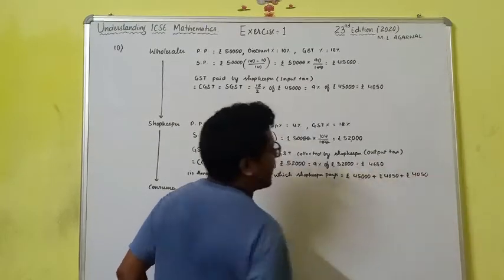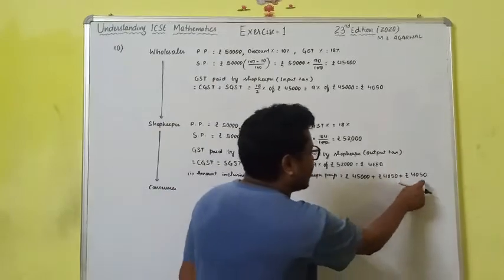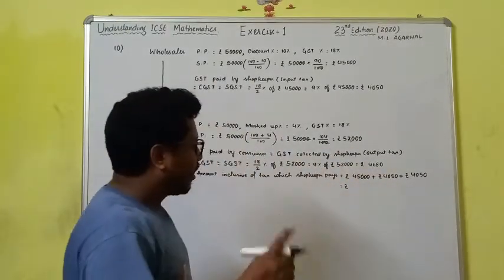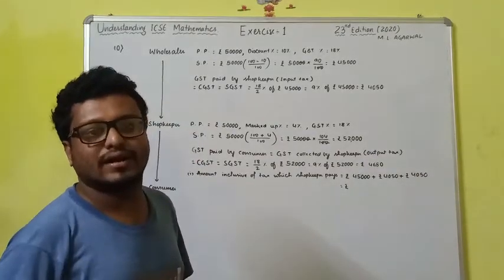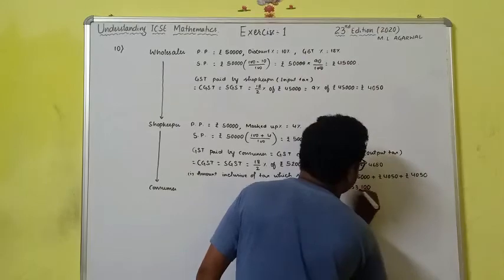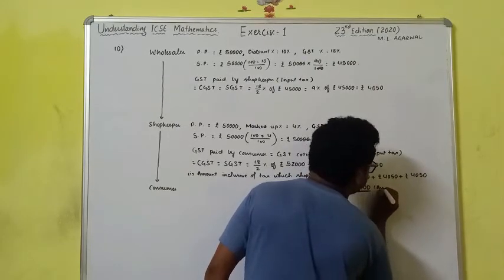So it will be 8100 this one, and here it will be 45,000 plus 8100, so it will be 53,100. That will be your first answer.